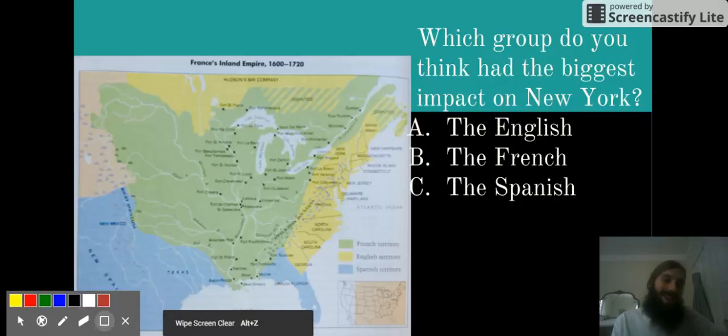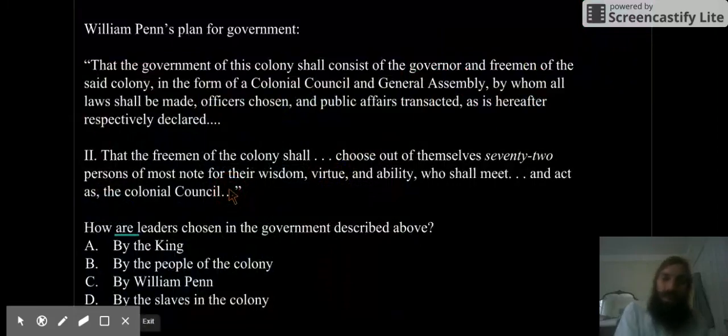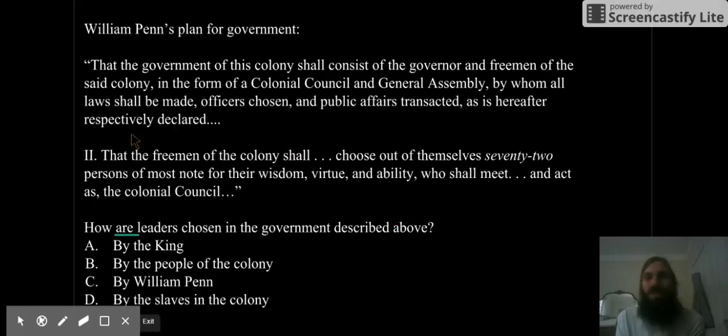What about texts? Texts are sometimes tough. For a text, before we even look at the text, I like to look at the question to know what I'm going to be looking for. How are leaders chosen in the government described above? First, I'll read the text, then I'll start looking for specific information. So if I'm looking for how leaders are chosen, I'm going to be looking for the word chosen.